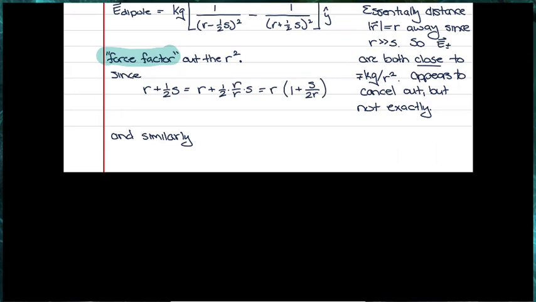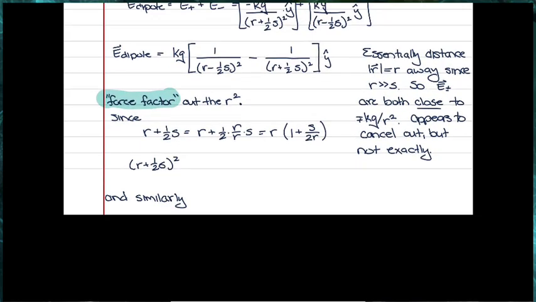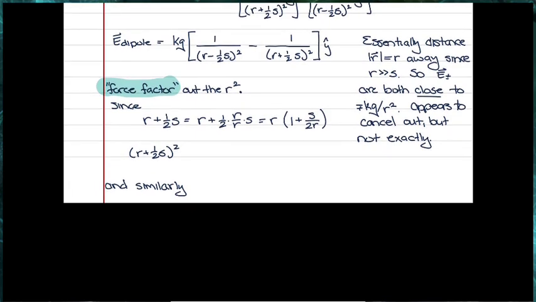So then when I evaluate r plus 1/2 s squared, because the denominator is r plus 1/2 s all squared, let me use square brackets, since that was too big.